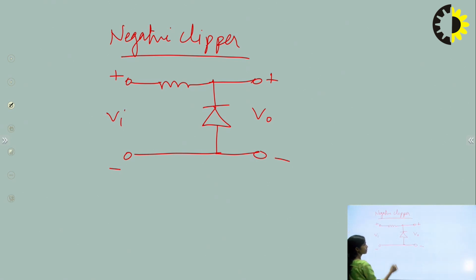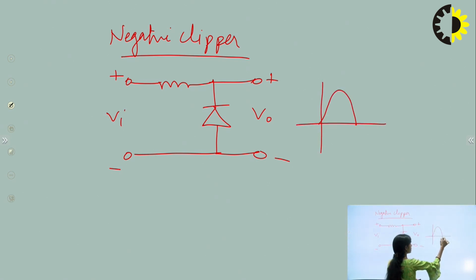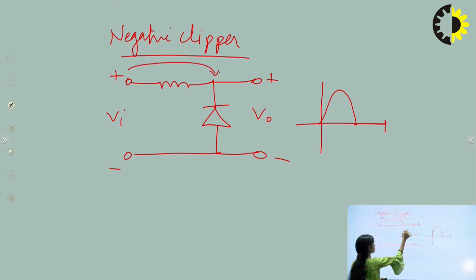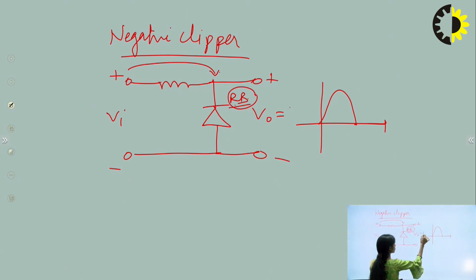So in this case, we obtain the positive signal as it is, since in the positive cycle this diode will be reverse biased, and for reverse bias, this circuit will be open. So we will get the output equal to plus Vi, same as I told you in the positive clipper.